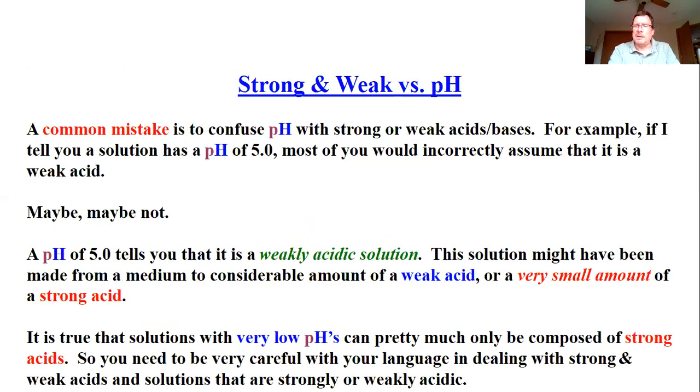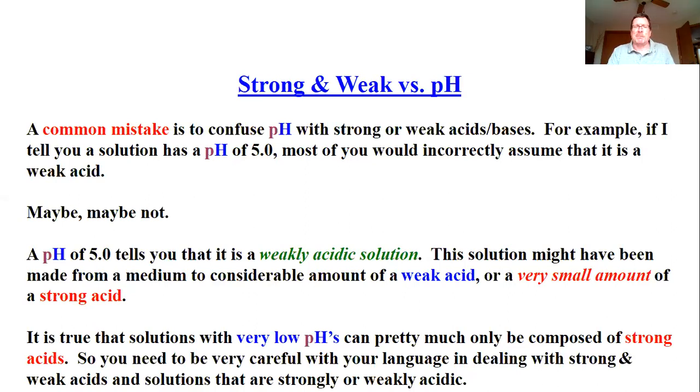All right. Way too many words here, but here's the basic idea then. The common mistake is to confuse pH with strong or weak. Like the lower the pH, the stronger it is, the higher the pH, the weaker the acid is. And that's just not true, right?